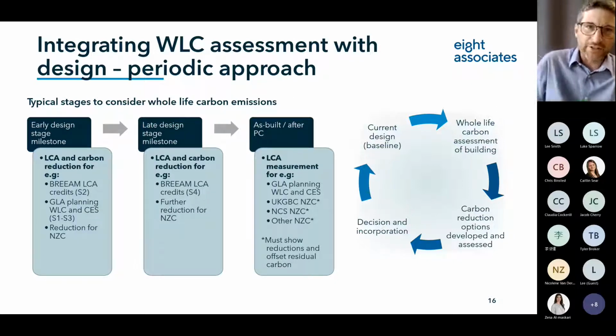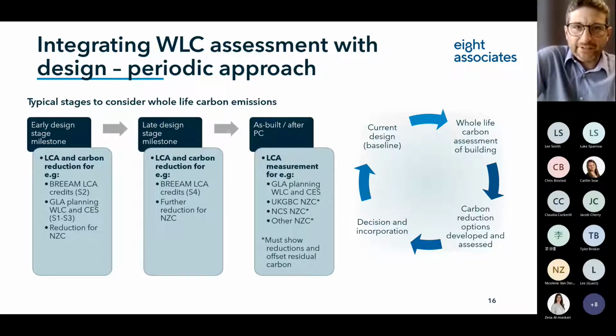And trying to show that reduction is an important part of net zero carbon, as I said. But one of the difficulties though is that this is all really happening before planning, and some projects are reluctant to spend time and money on this before they've got the reassurance that they're likely to get planning permission.